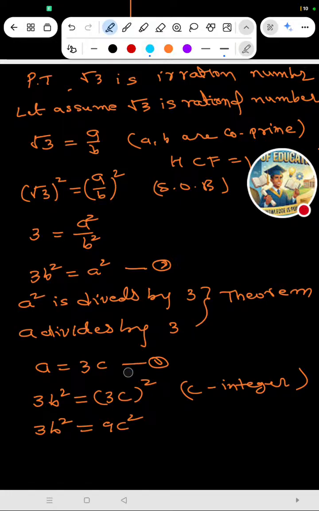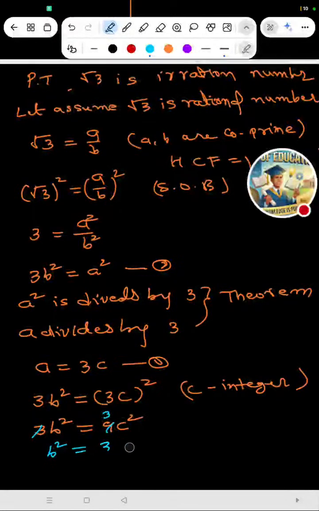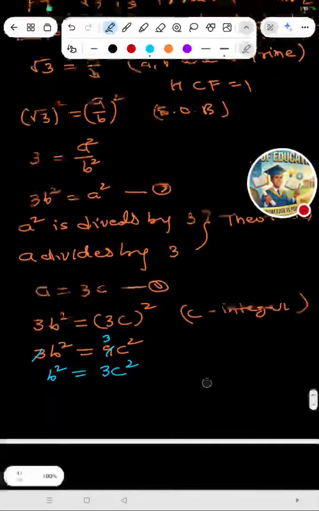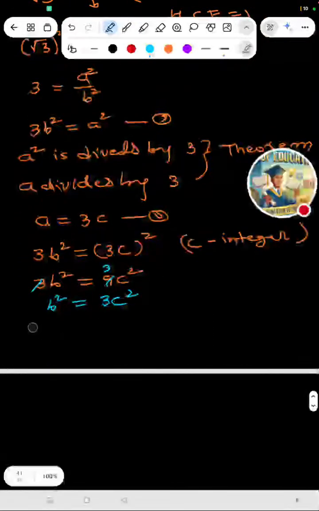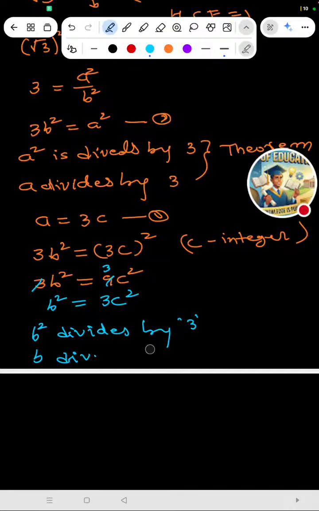If we solve, 3 ones are 3, 3 threes are 9. So b square is equal to 3c square. In the same way, b square divides by 3, and if b square divides by 3, then b also divides by 3.